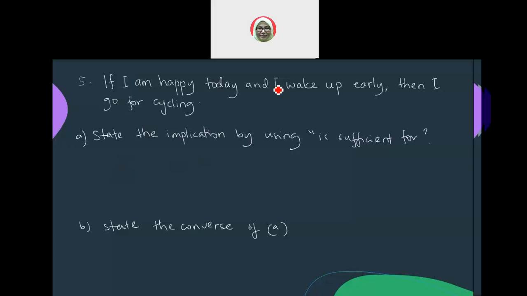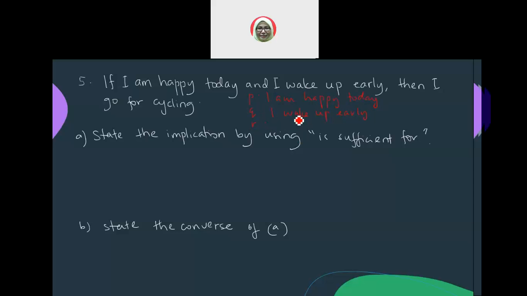So first of all, of course, you write the simple statements first. So let me write here P: I'm happy today. Q: I wake up early.